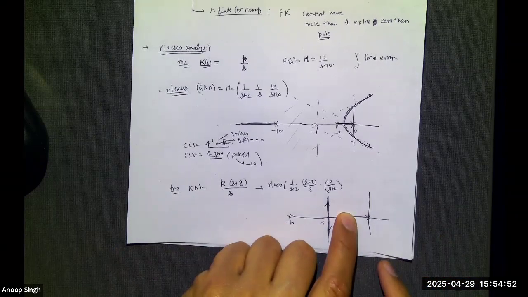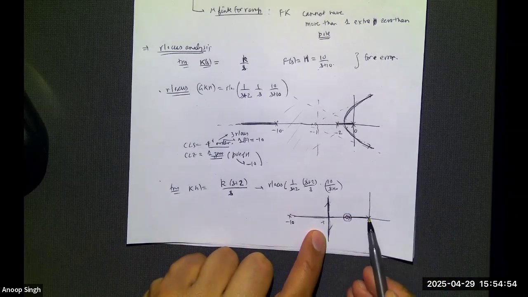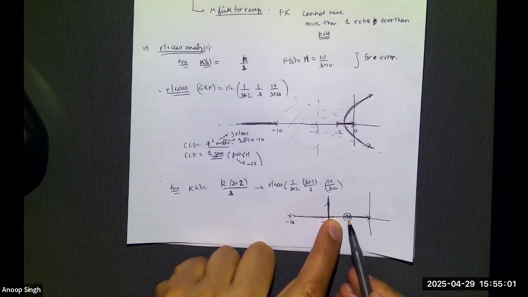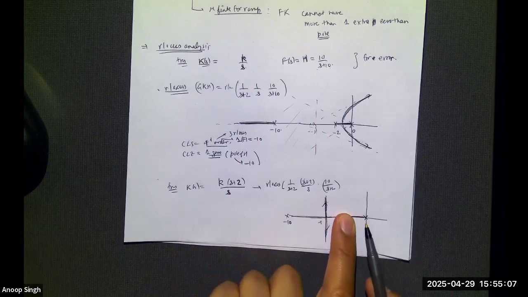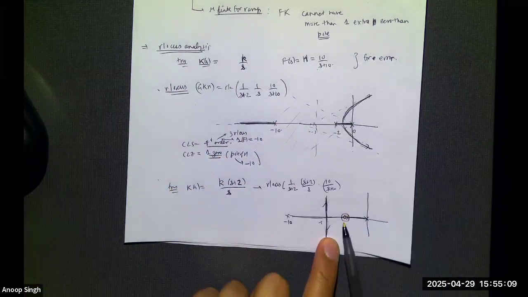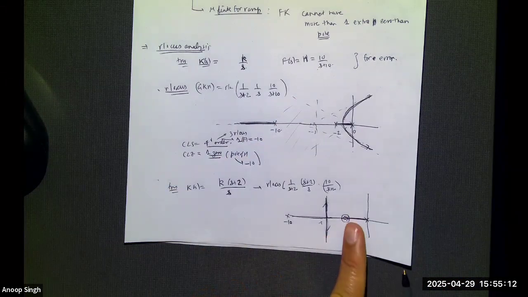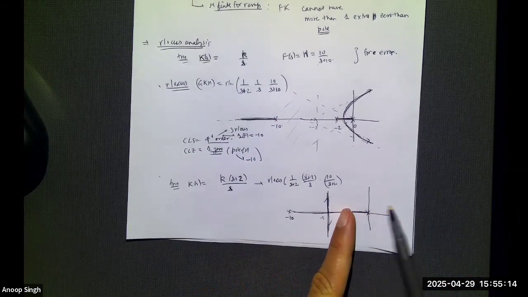You can even ignore this little bump over there, but roughly what's happening is one closed loop pole starts from here, does this little circle thing, it goes to closed loop 0. So there is a closed loop pole that starts from this X and goes to the 0, but the closed loop pole is right here itself. The other, so you can just ignore it because that closed loop pole and that 0 cancel each other. It's this closed loop pole.